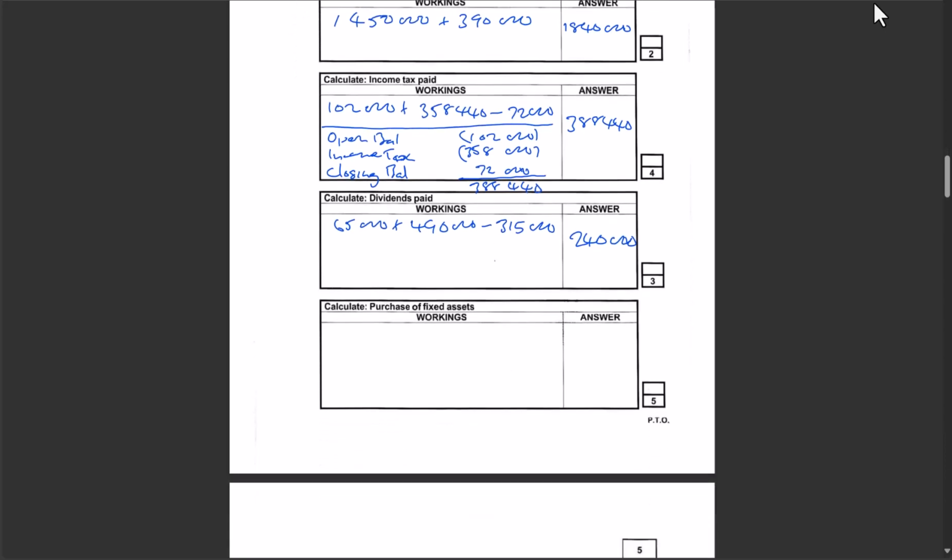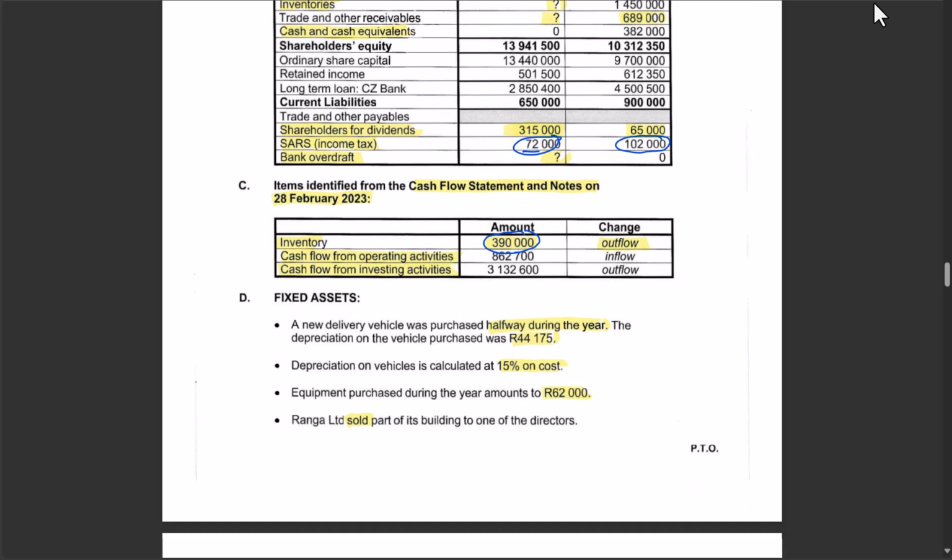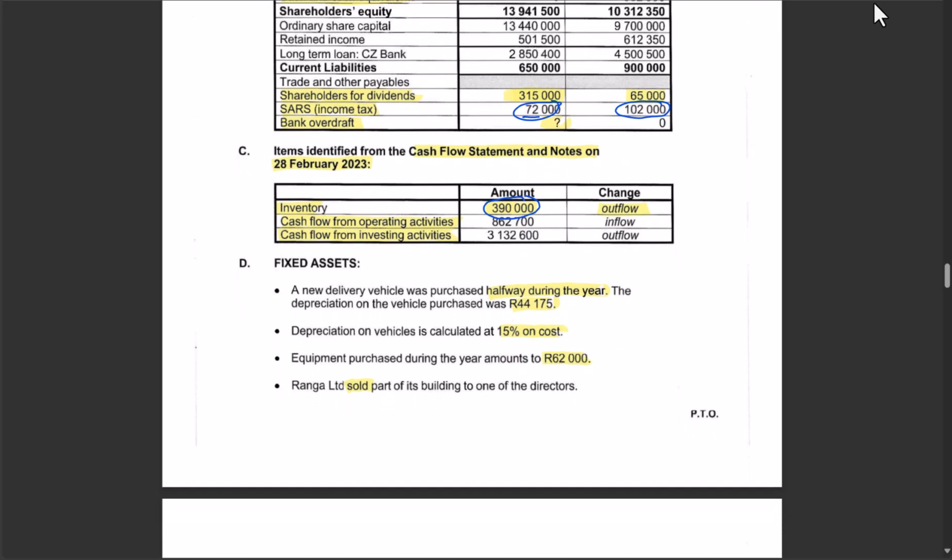Then for calculating purchase of fixed assets, we have this question here. Fixed assets, right? So you have a vehicle that was purchased halfway through the year. So if it was purchased halfway through the year, that means this depreciation represents half of the total depreciation.